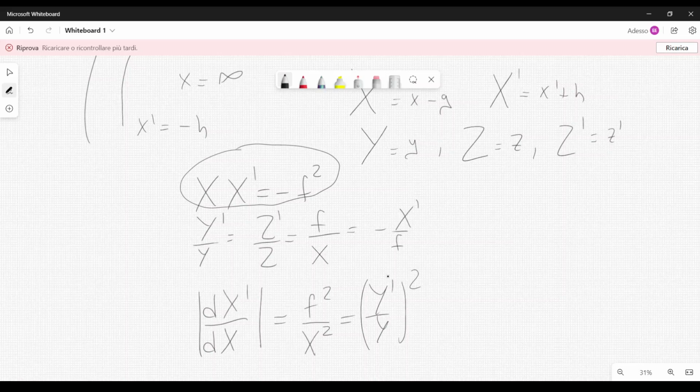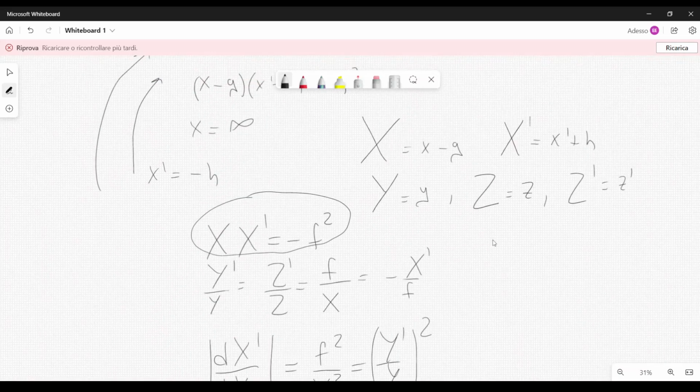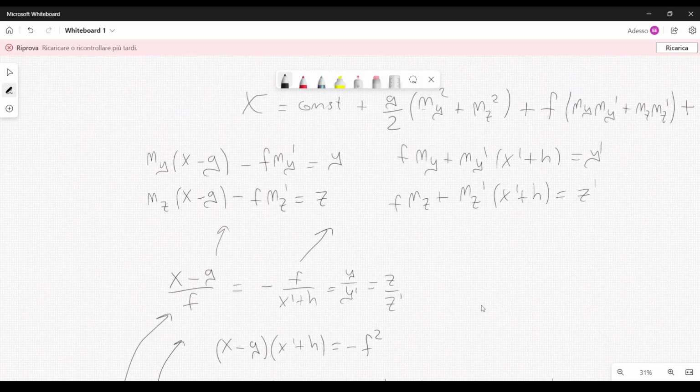A bundle passing through the point capital X equal to f on the optical axis intersects once more at the point x prime equal to minus f on the axis. These 2 points are called principal points. From these equations here, let me show you these 2 pairs here.